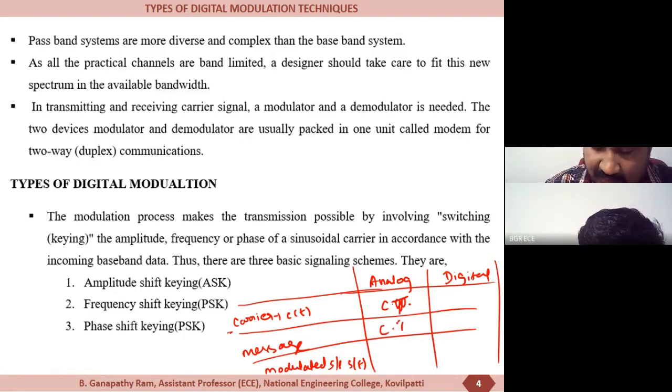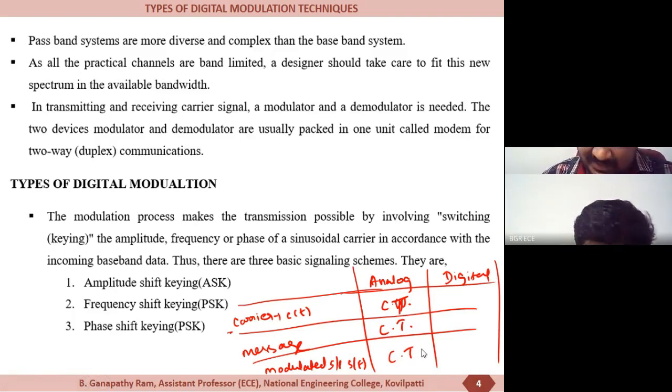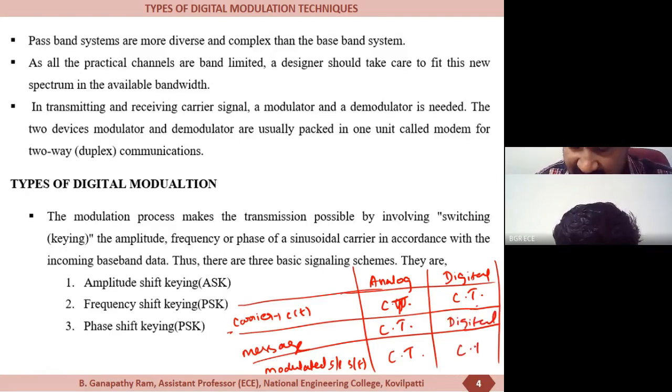Message signal is also a continuous time signal, and the modulated signal is also a continuous time signal. Whereas in digital modulation techniques, carrier signal is a continuous time signal, message signal is a digital pulse signal, and modulated signal is again a continuous time signal.